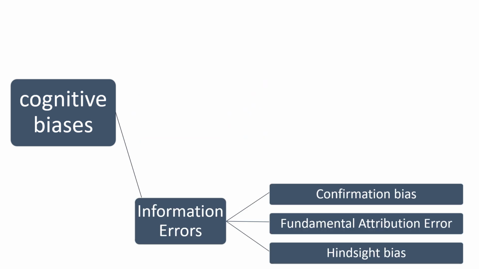The 3 biases I refer to as information errors influence the information we seek and how we interpret it. The confirmation bias refers to our tendency to seek information that's consistent with what we already believe. That makes me think of another phenomenon called the self-fulfilling prophecy.